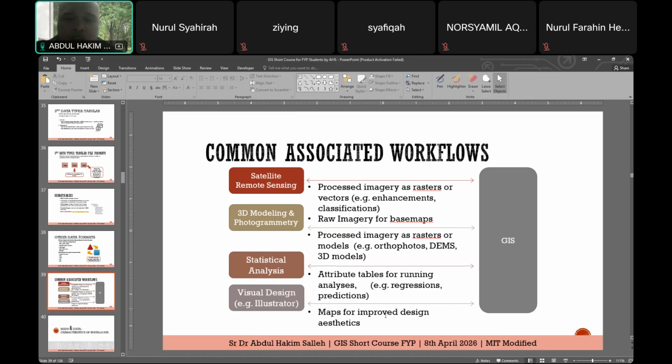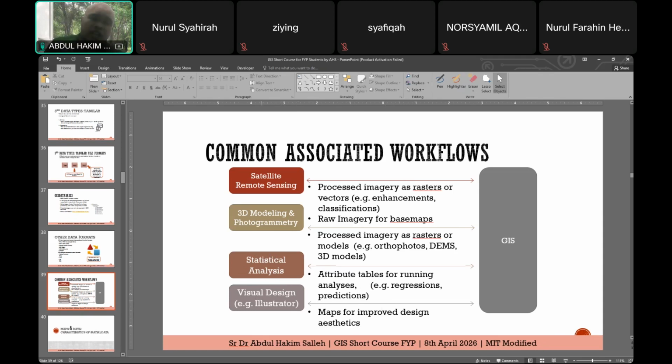And the final one can improve the maps so that they look easy on your eye, highlighting the biggest information that you wanted. So these are the functions of visual design.